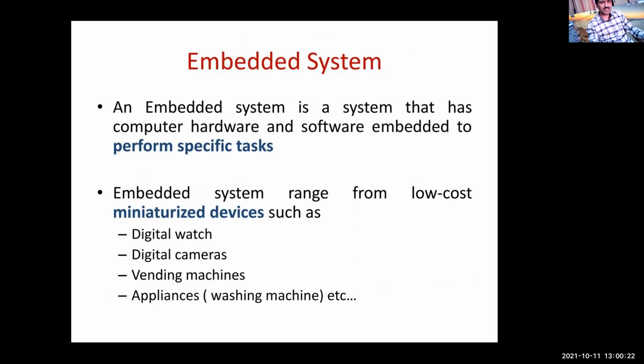It is similar to a microcontroller, designed for a specific task. Embedded systems range from low cost devices such as digital watches, digital cameras, vending machines, and appliances like washing machines. They are different examples of embedded systems.